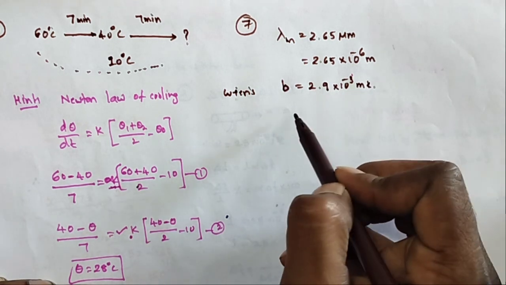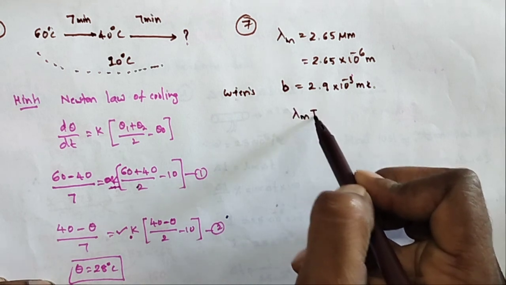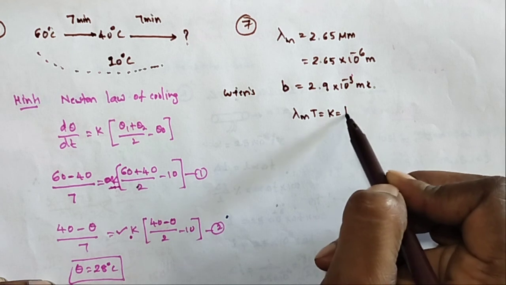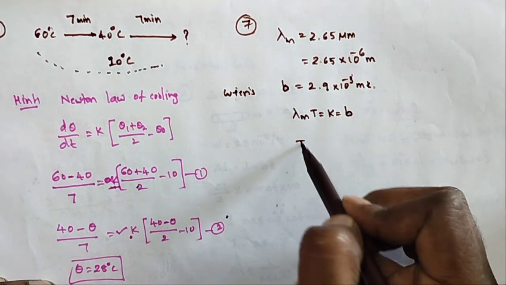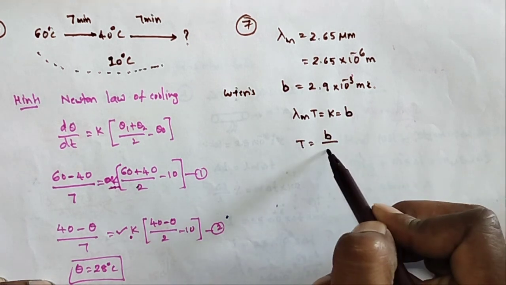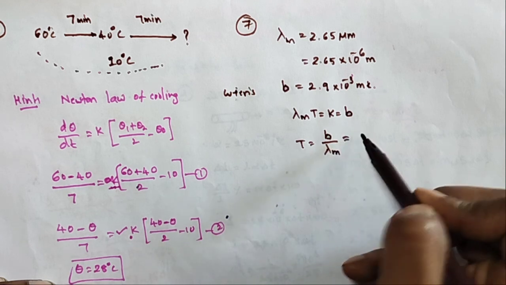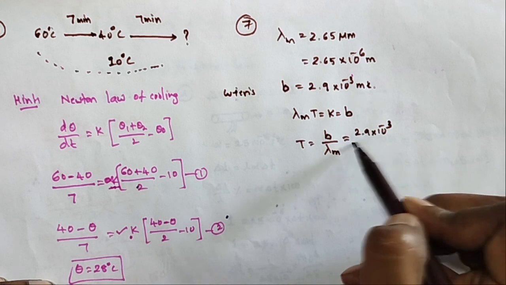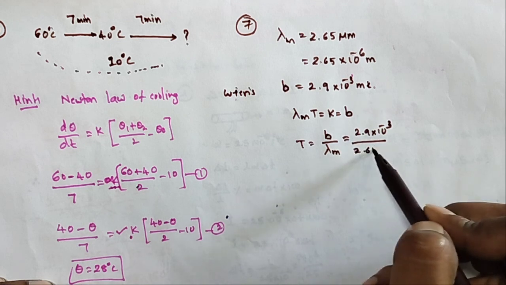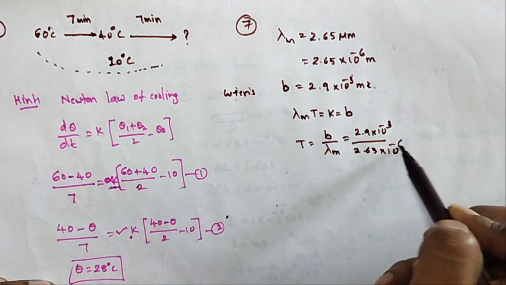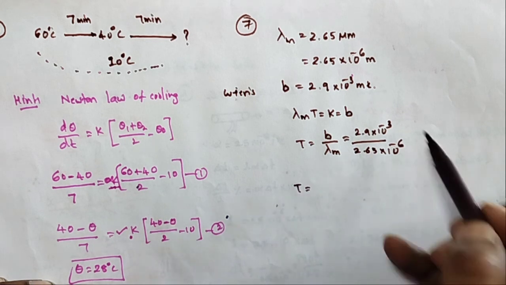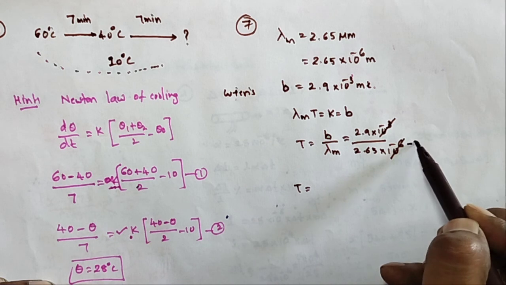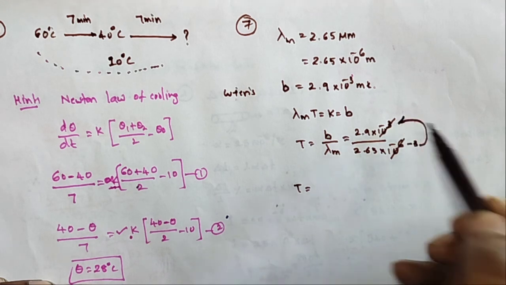By Wien's displacement law, lambda m T is equal to b, so T is equal to b by lambda m. What is the b value? 2.9 into 10 power minus 3 by 2.65 into 10 power minus 6. So 10 power minus 3 and 10 power minus 6, the remaining 10 power 3 goes upward.